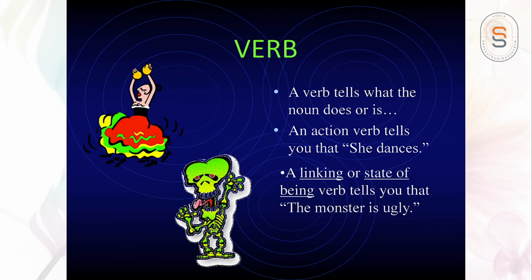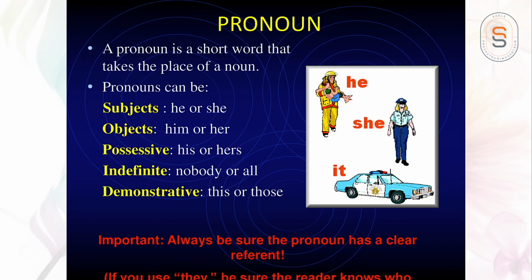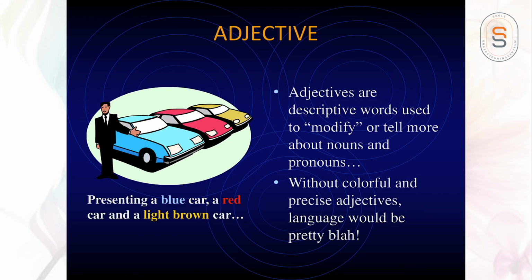So she dances. It's a doing word. Right, then a pronoun. Remember, a pronoun stands in the place of the noun. So he or she, him or her, his or hers, nobody or all, or this or those. An adjective. The main job of the adjective is to modify or to describe the noun, a blue car, a red car, a light brown car.